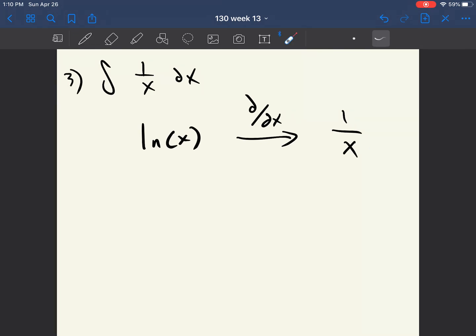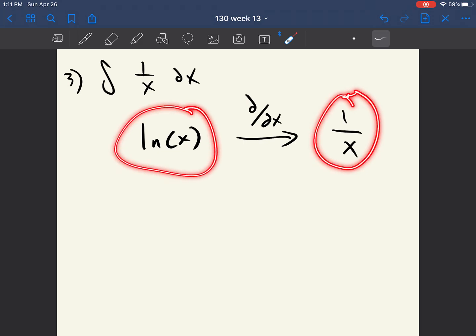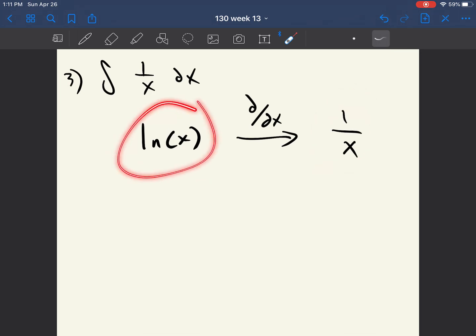There's only one subtle thing going on. Because we were given this at the start, the only number that x can't be in the denominator here is 0. The denominator can't be 0. But notice there's no problem with letting x be negative in the function 1 over x. But we can't have x being negative over here in the ln.